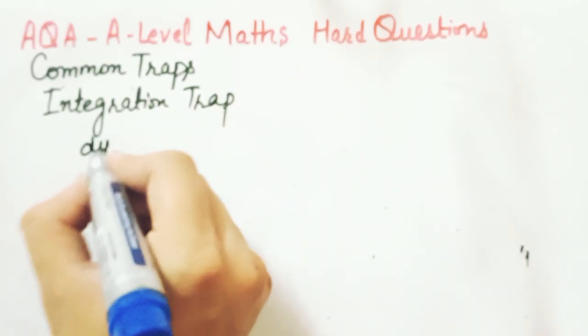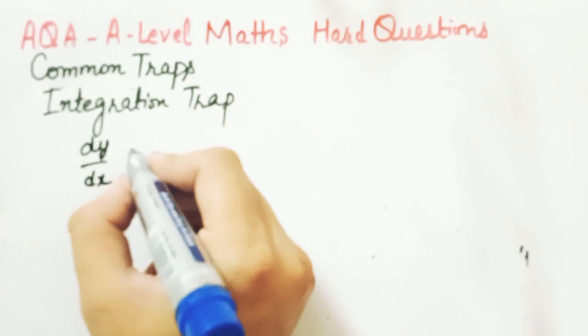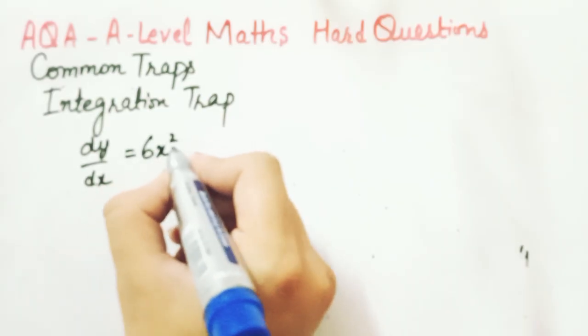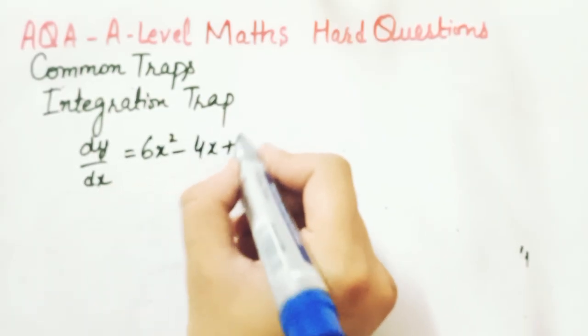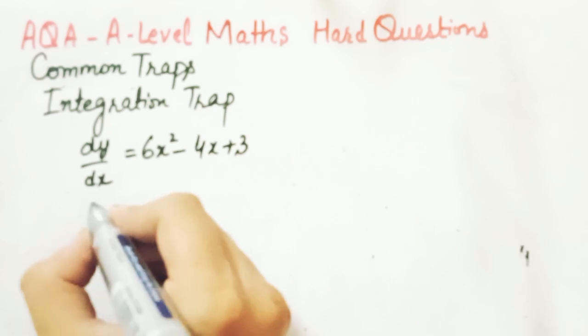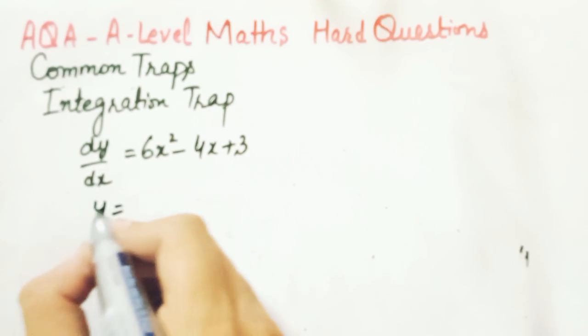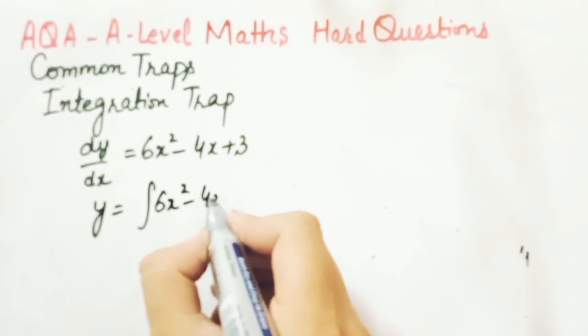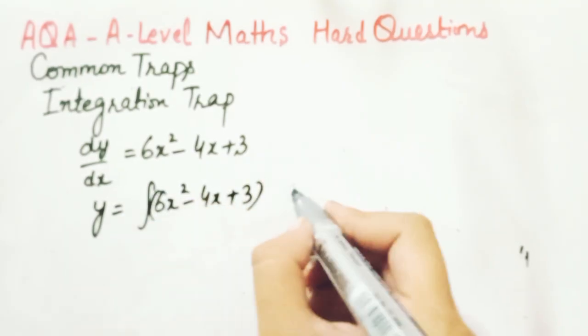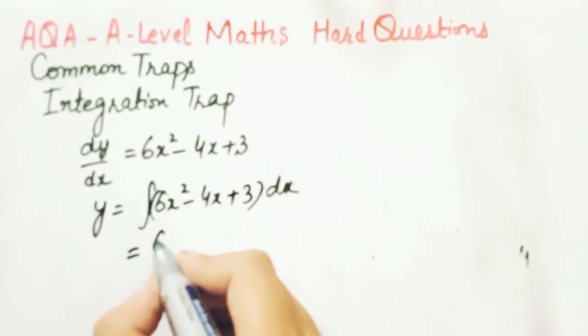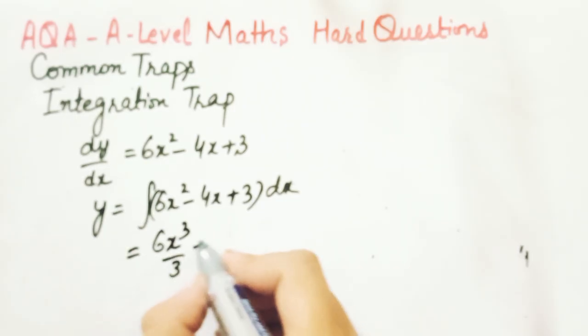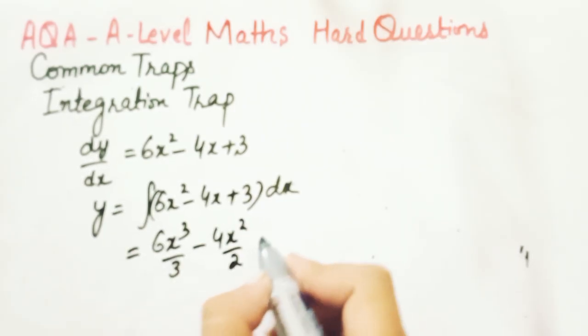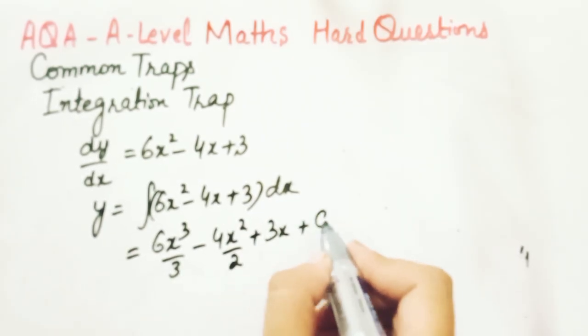We have dy by dx equals 6x squared minus 4x plus 3. Find the value of y. You have to integrate this. So integrate 6x squared minus 4x plus 3 with respect to x. This is 6x cubed divided by 3 minus 4x squared by 2 plus 3x plus c.